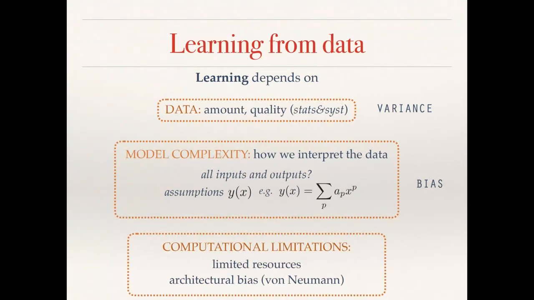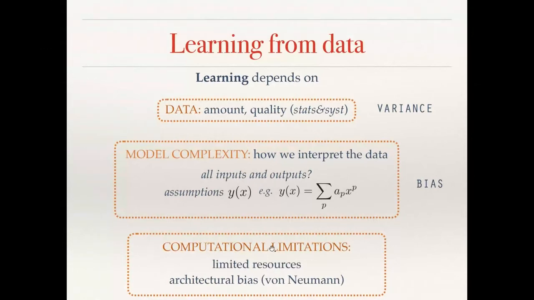You might want to interpret the data using very simple models, like a linear, or you might want to interpret the data with complex models that are able to capture many features. So as you can imagine, the results coming from these two choices, simple model, complex model, will be very different. And this is called a bias.